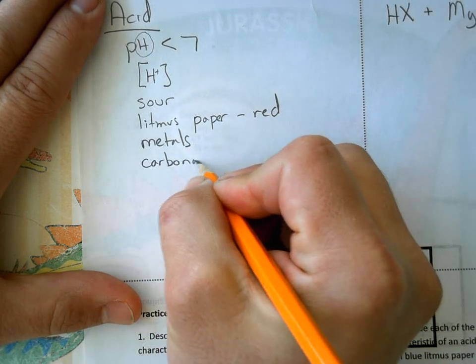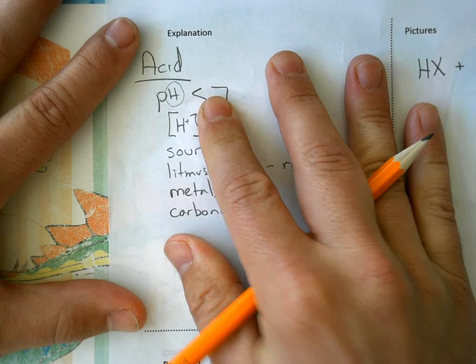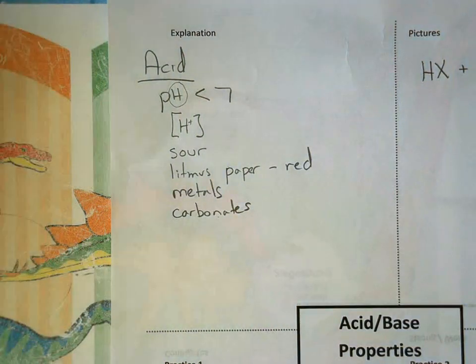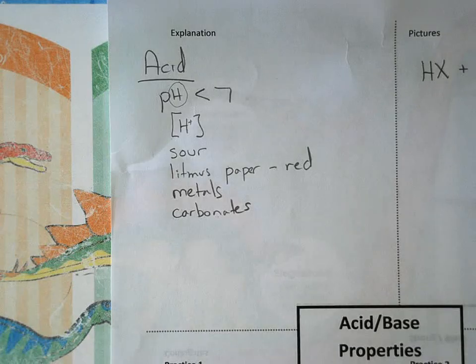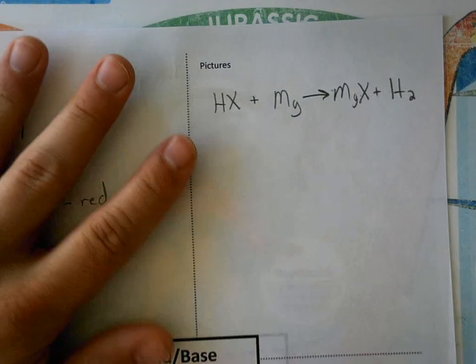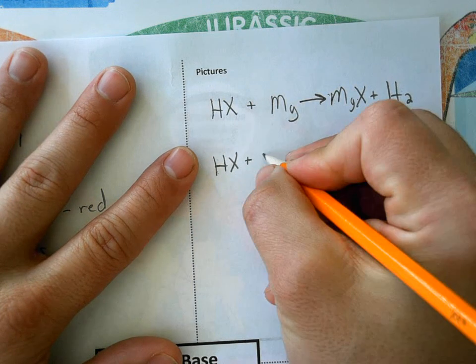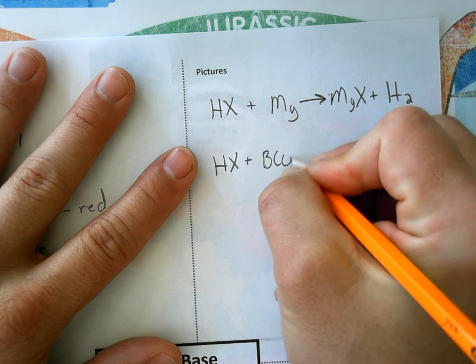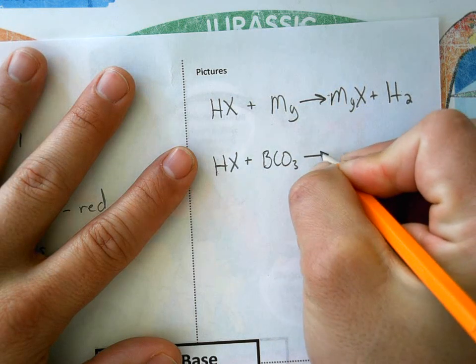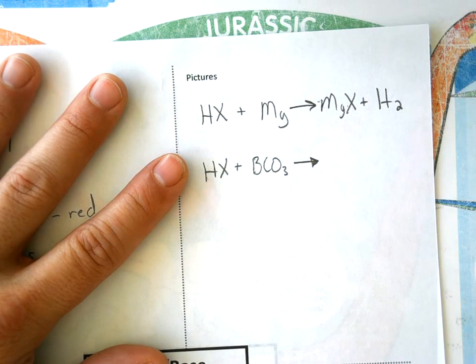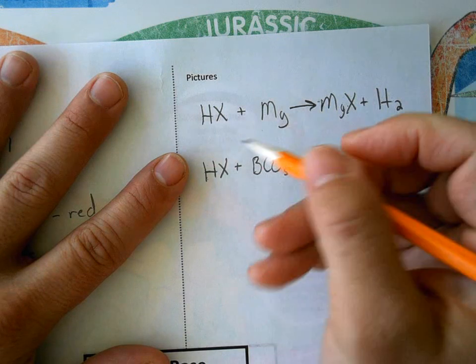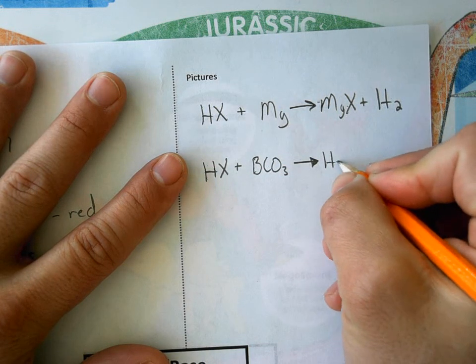Now this might be calcium carbonate, magnesium carbonate, or even something like sodium bicarbonate. So even if it's a bicarbonate, you're going to see this type of reaction. So if we have HX again, reacting with, let's just say, BCO3, what's going to tend to happen here is we get an H2O.